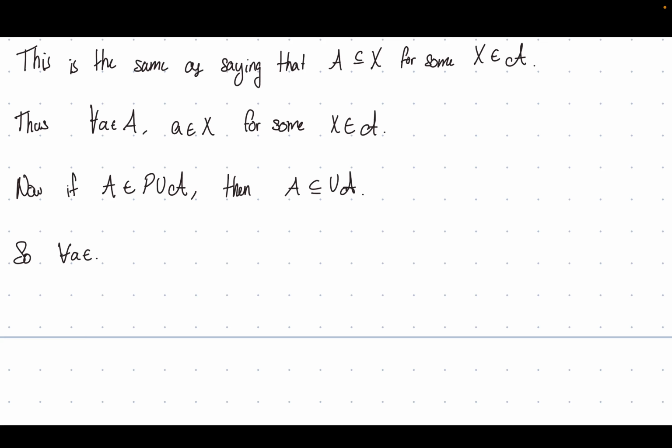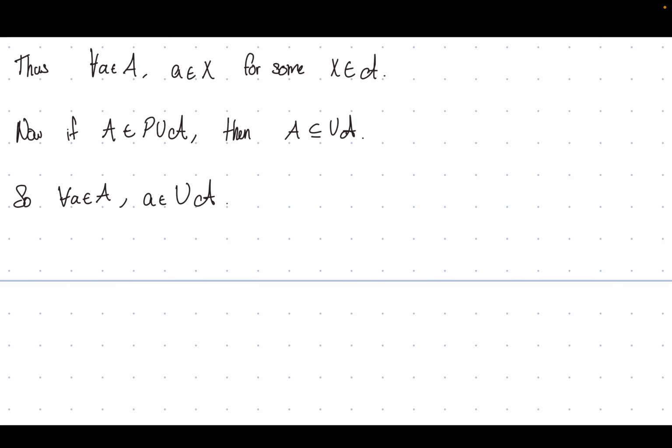So for all little a in big A, little a is going to be in the union of script A. Now what this means is that for all little a in big A, there exists some X in script A such that little a is in X. And at first glance, you might just say, well, that's your proof, right?